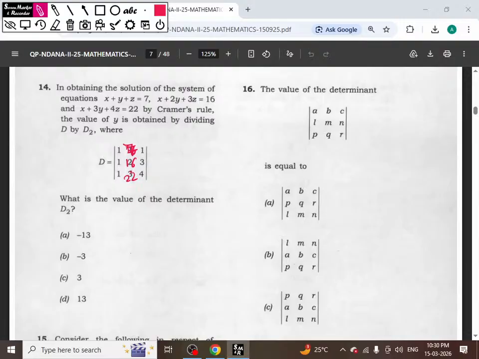You can divide it and check it, and after dividing it and checking it, what will we obtain? 1 into 16 into 4 minus 2 into 3 minus 7, 4 into 3, 22 minus 16 we get minus 3. So we will get minus 3 here.